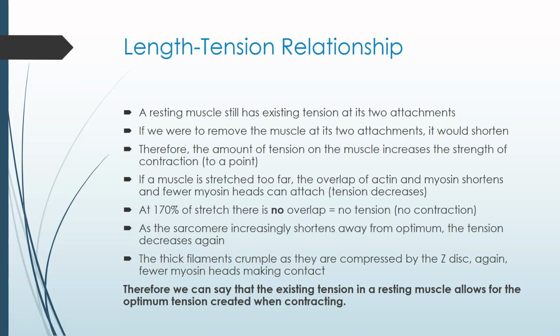Therefore, we can say that the existing tension in a resting muscle allows for the optimum tension created when contracting. So the reason for this slightly shortened state, or this resting position, is that it allows for optimum creation of tension when a muscle is asked to perform a task.